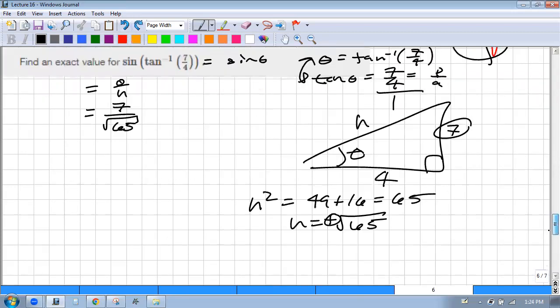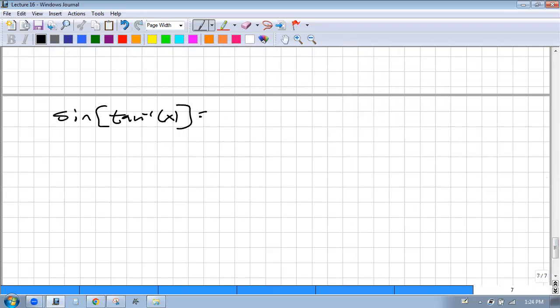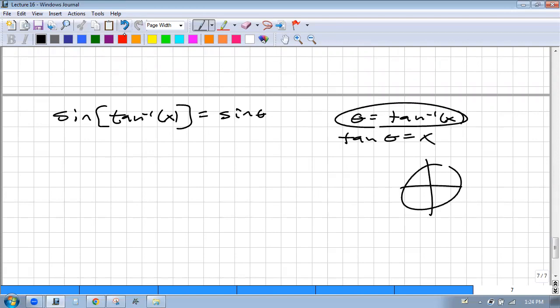Let's do the same trick. Let's get us a formula for this. This is just sine of some angle where that angle is tangent inverse of x. That means that tangent of the angle is whatever that number is. All right. This tells us that the angle is over here. Whether it's in this quadrant or this quadrant depends on if x is positive or negative.